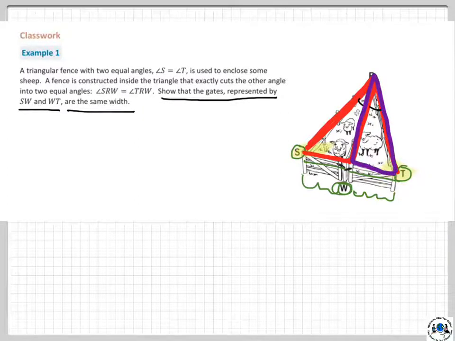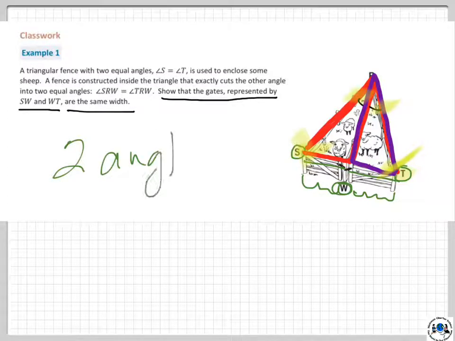What we do know about them is that we have been told already that we have two angles that are the same, these angles are the same. And because this has been split right down the middle, we are sharing a side, so these sides here are also going to be the same.